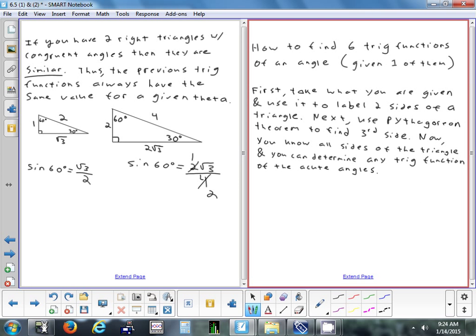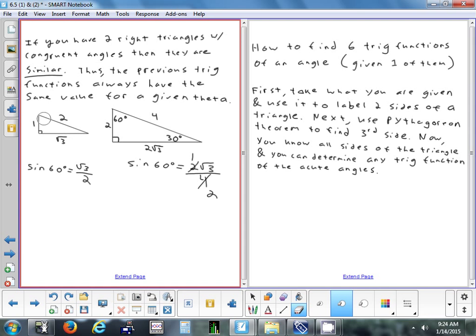I could erase all these angles and just call this angle theta, and say the sine of theta is square root 3 over 2. You don't need to know what theta is to find the sine of it. Okay? And that confuses people sometimes. You don't need to know what theta is to find any of the 6 trig functions.